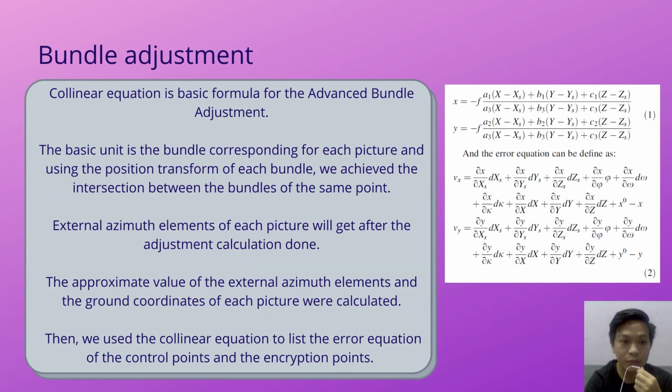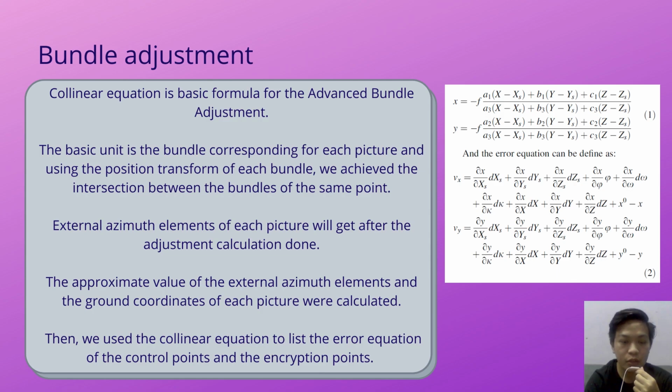Third, bundle adjustment. The collinear equation is the basic formula for the advanced bundle adjustment. The basic unit is the bundle corresponding to each picture, and using the position transform of each bundle, we achieve the intersection between the bundles of the same point. The external azimuth elements of each picture will be obtained after the adjustment calculation is done.